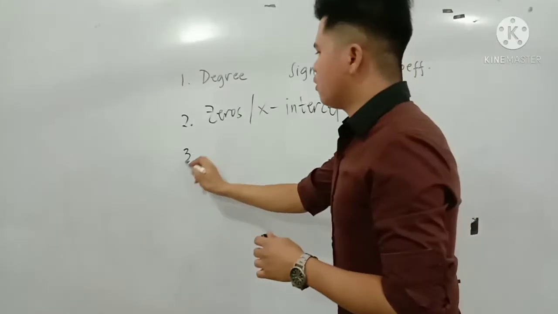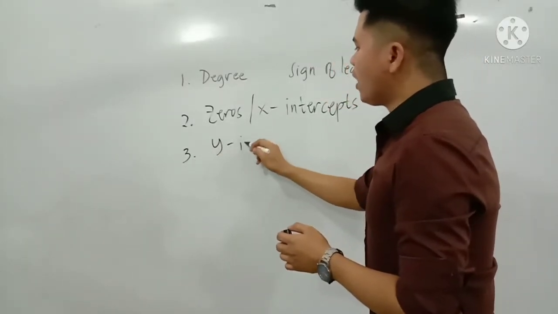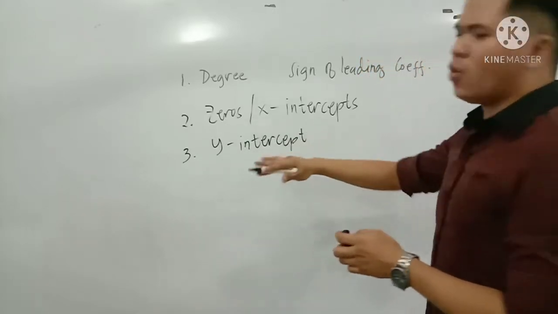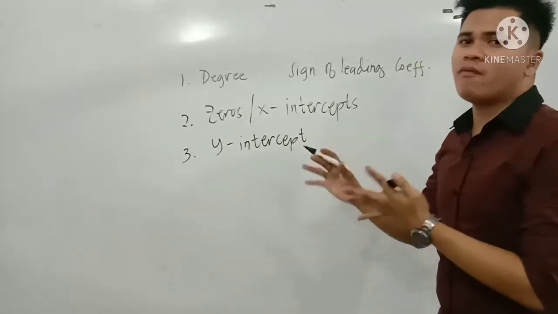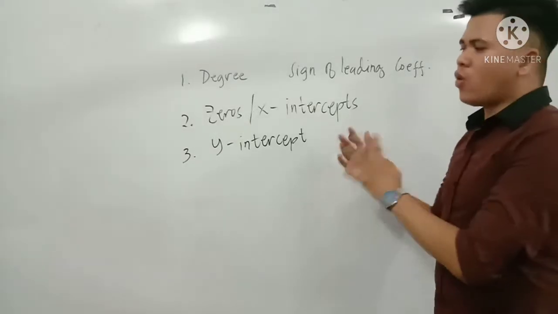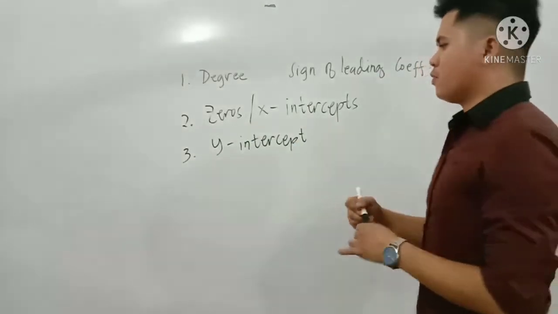Then, we have to know the y-intercept. The y-intercept is the constant of the function. It tells us where the graph crosses the y-axis.